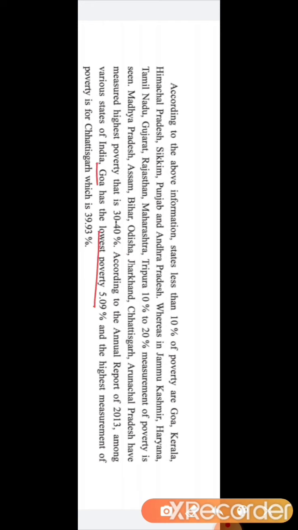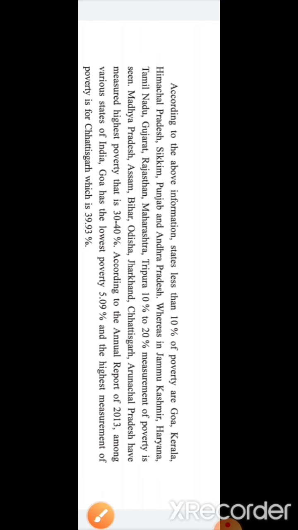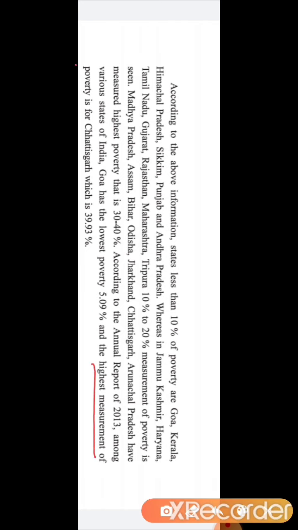Goa is having the least poverty and the percentage is 5.09, and the highest measurement of poverty is for Chhattisgarh, around 39.93%. You have to remember this data for the MCQ and one line questions.